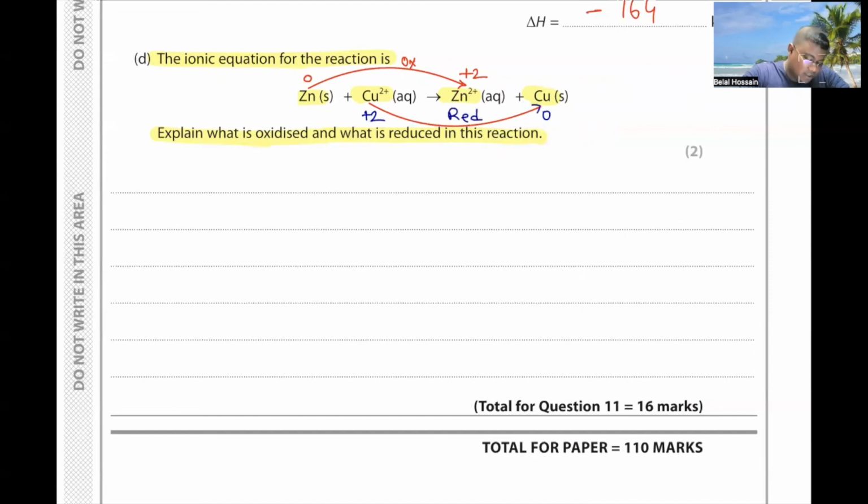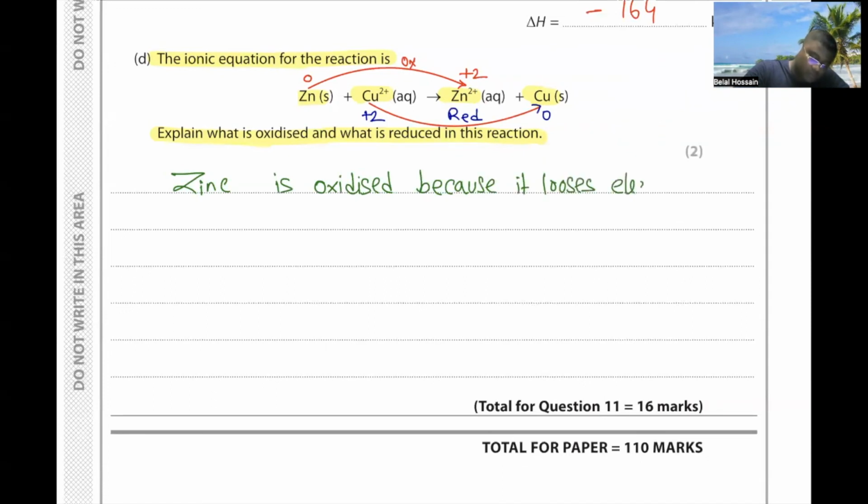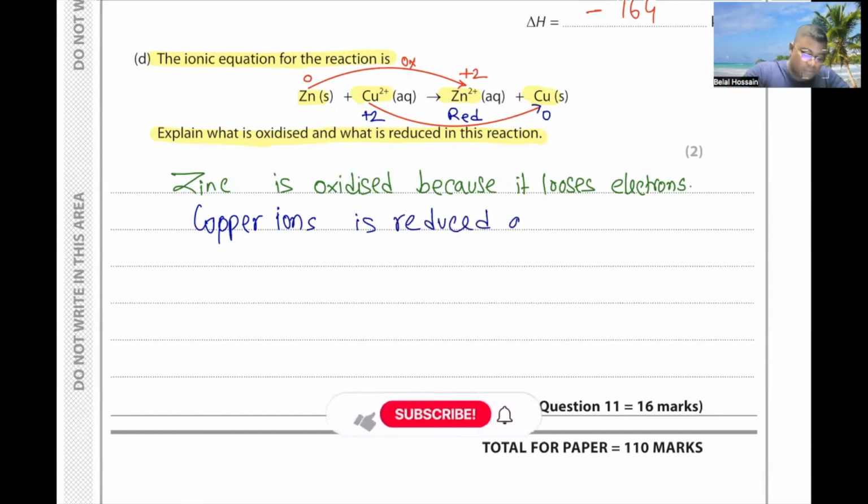The question says explain, so we can say that zinc is oxidized because it loses electrons. Then the copper(II) ions are reduced because they gain electrons.